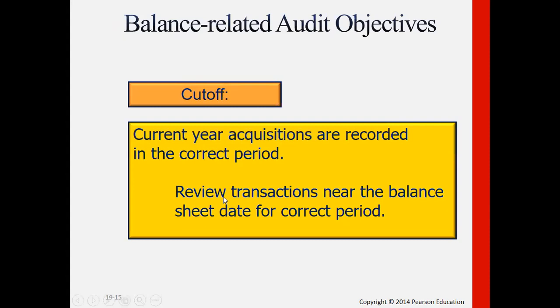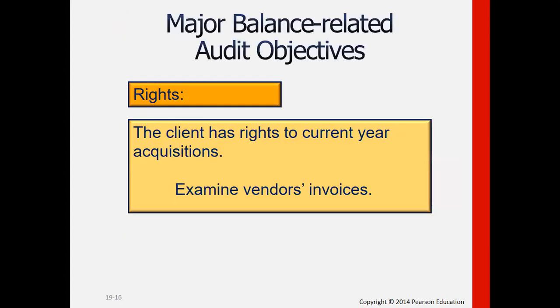For cutoff, this is with respect to the period because we have to make sure that only those transactions and acquisitions of a certain period have been included in that period. Then we also have to check if the depreciation expense belongs to that period as well as the accumulated depreciation. So this includes reviewing transactions near the balance sheet date for correct period.